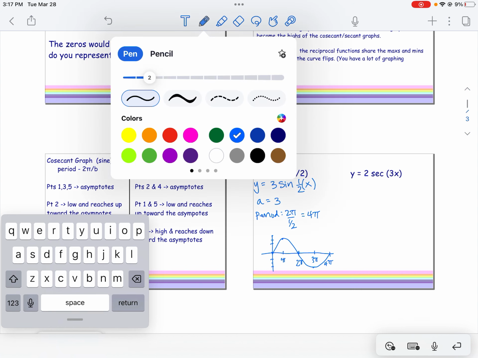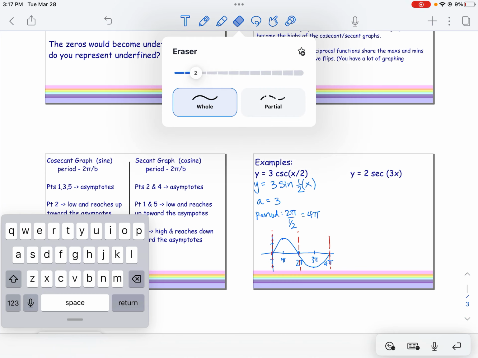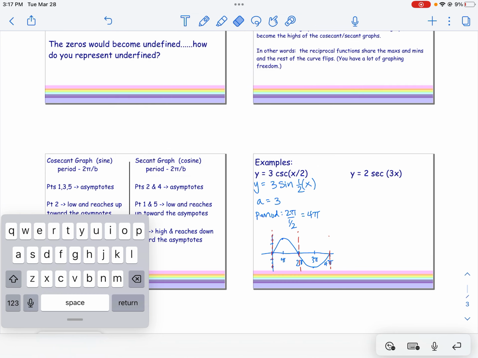Now, in red, I'm going to graph the cosecant. Remember that we have asymptotes here where the sine equals 0. Now I'm going to take the high point of sine and make that the low point of the cosecant curve.